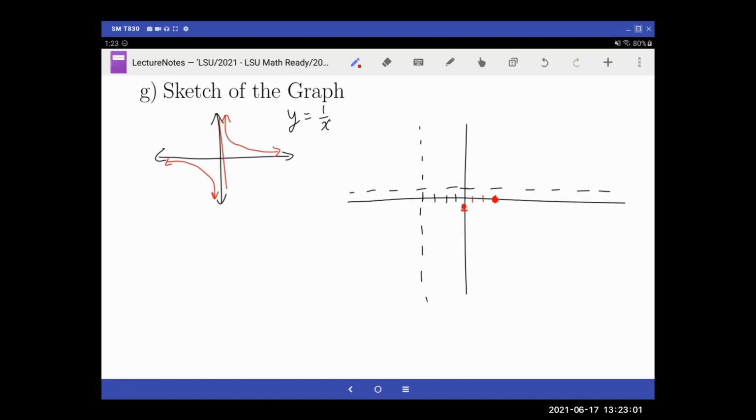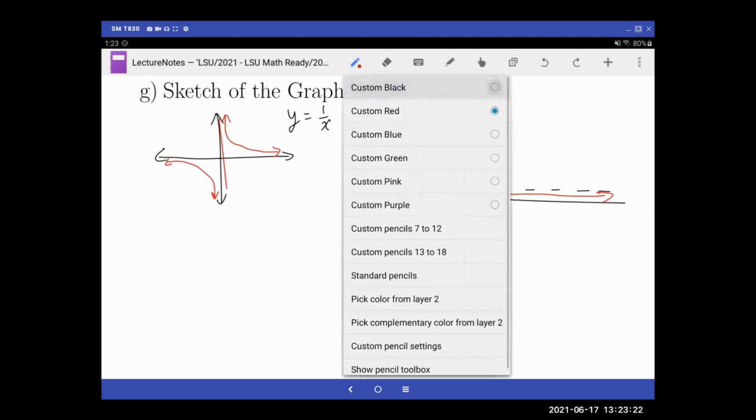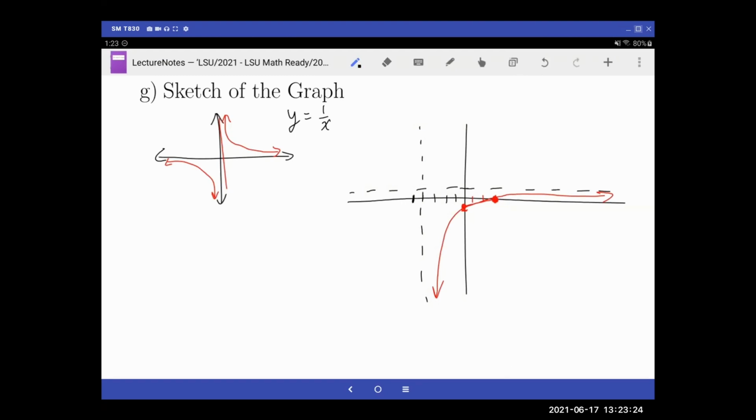Knowing what the graph kind of looks like, it seems like it's doing this, and it's going to curve downward. So to the right of the vertical asymptote, we know it's going to be below that horizontal asymptote. Now we need to figure out what it is doing over here on the left side.